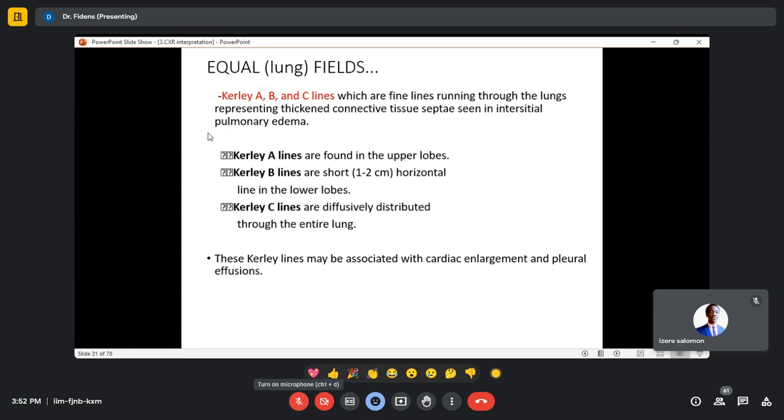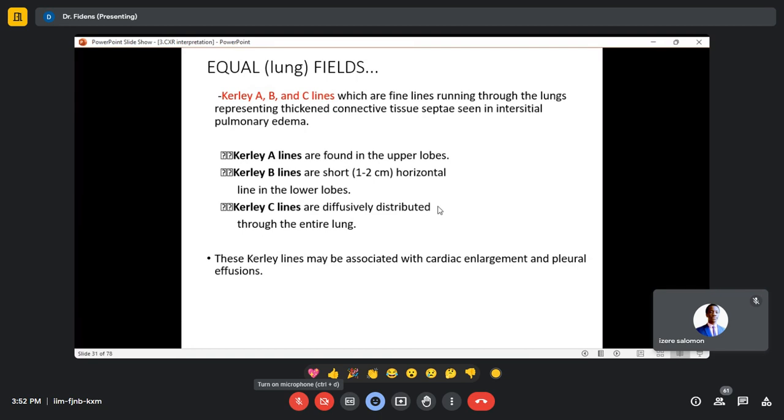So we can have Kerley A lines, that are found in upper lobes only. We can have Kerley B lines that are short, horizontal lines in the lower lobes peripherally, and the Kerley C lines that are diffusely distributed in the lungs.